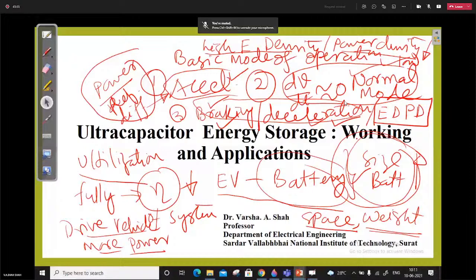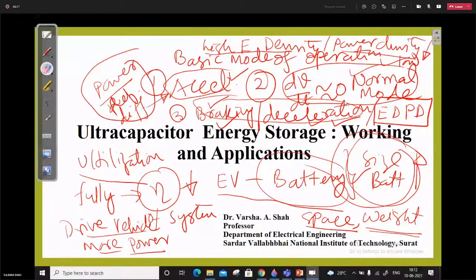So in this particular case, how to solve this problem? Because none of the sources available in the market have the capability to provide both high energy density as well as high power density.